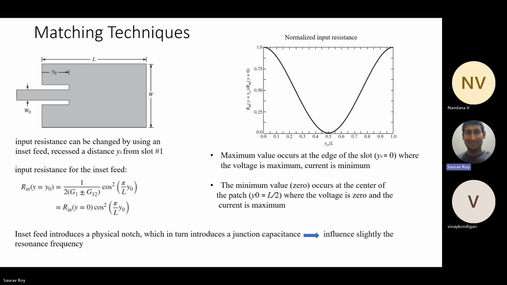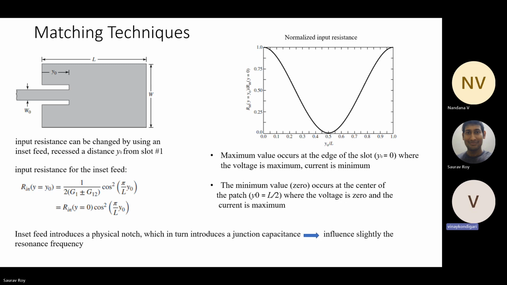So it affects the input resistance and also the bandwidth. Everything is affected through that capacitance. This is the physical significance. If the resonant frequency changes, then the input resistance also changes.